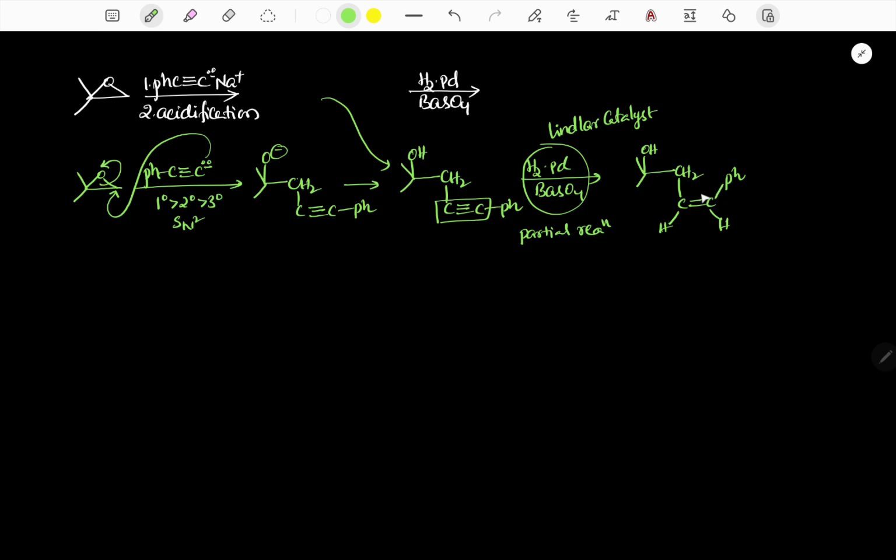The alkyne will be converted to a cis-alkene in the presence of H2, Pd/BaSO4. So it is a partial reduction, and here BaSO4 acts as a poison for the catalyst. So BaSO4 reduces the activity of Pd. Therefore, here only partial reduction takes place.